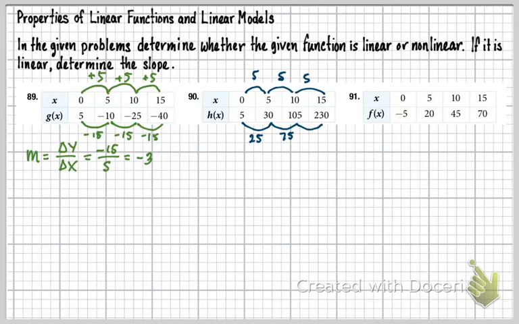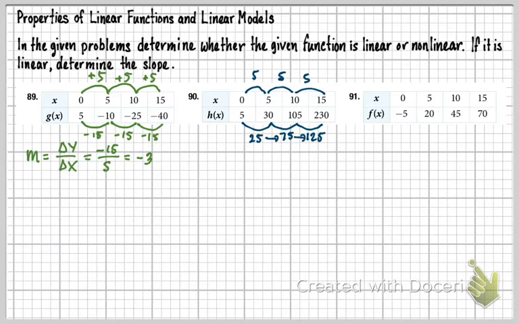And the next one after that is 125. So the top is a constant 5, and the bottom goes from 25 to 75, which is 50. A difference of 50, and then that's a difference of 50 as well.